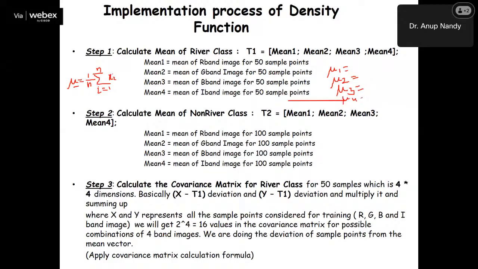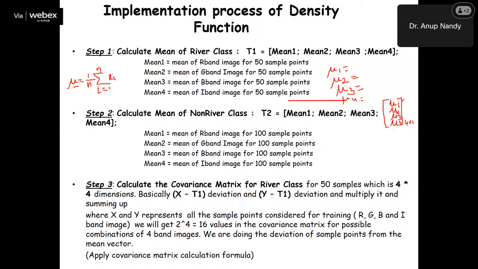So in total 4 means. This is a mean vector, a column vector of 4 cross 1, with mu1, mu2, mu3 and mu4.